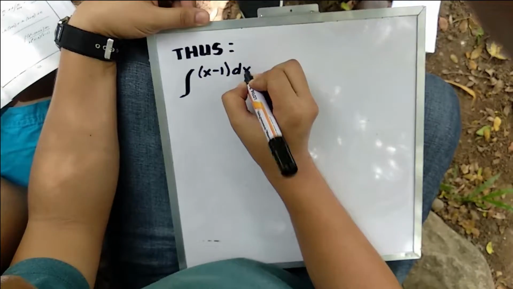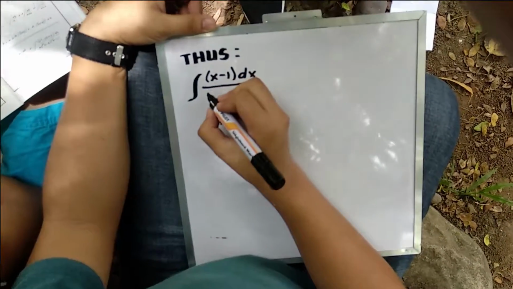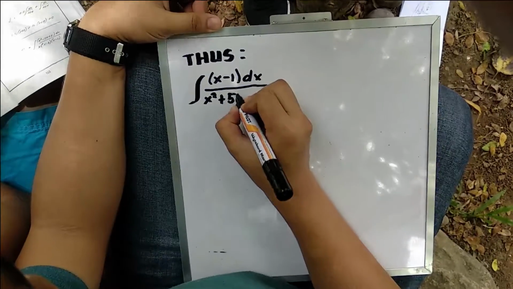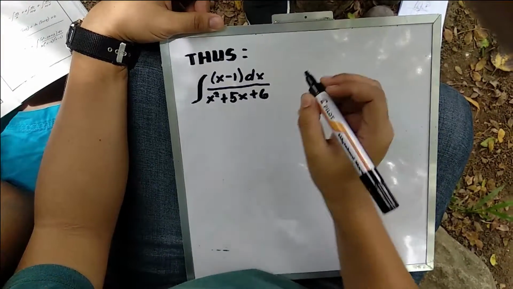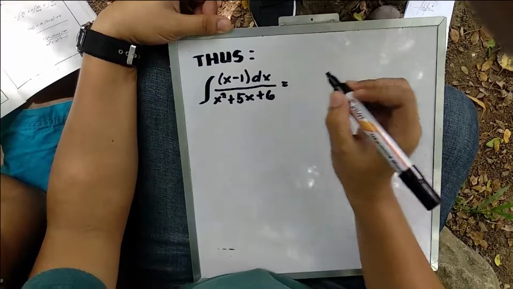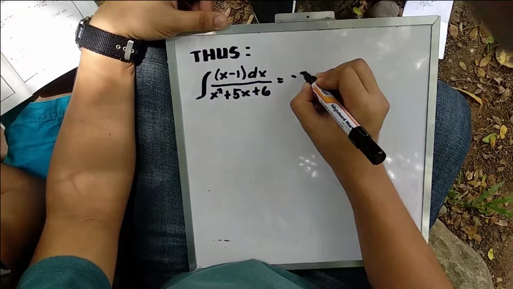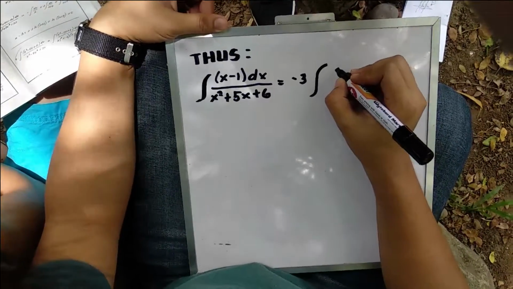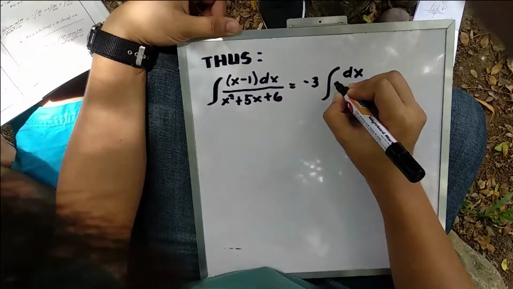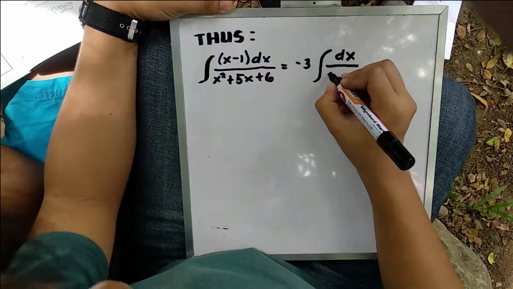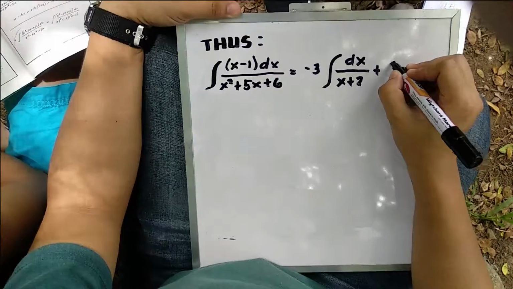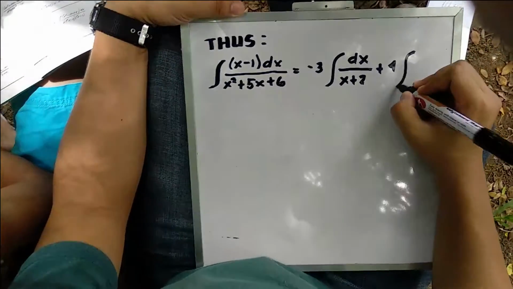Thus, the integral of x minus 1 dx over x squared plus 5x plus 6 is equal to negative 3 integral dx over x plus 2 plus 4 integral of dx over x plus 3.